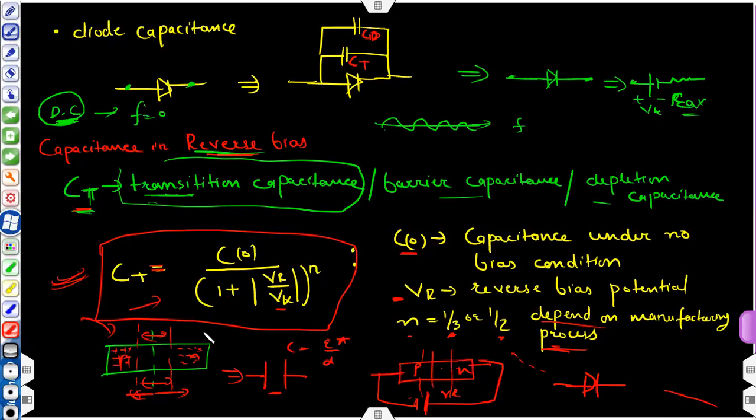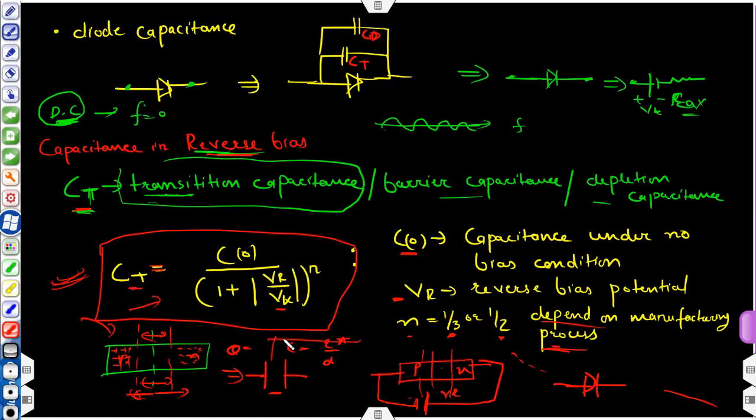The simple reason is that if you increase VR, the width of the depletion layer will increase. Width of the depletion layer increasing means the number of free charge carriers in the P region and N region is decreasing, depleting. So if Q is decreasing, obviously the value of CT will also decrease.